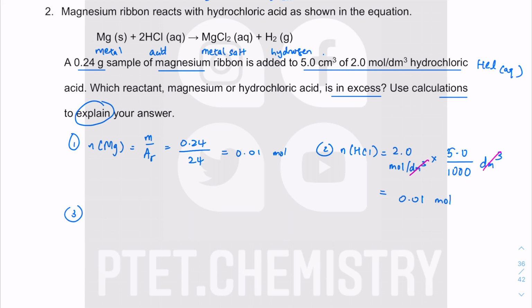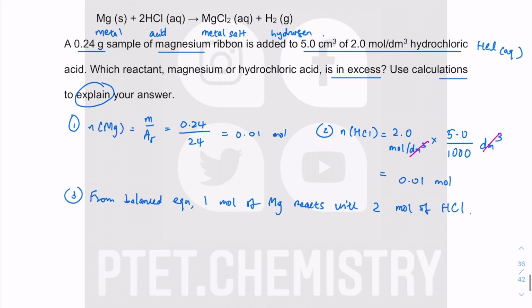So this is how we explain it. From the balanced equation, 1 mole of magnesium reacts with 2 mole of HCl. So what do you have?